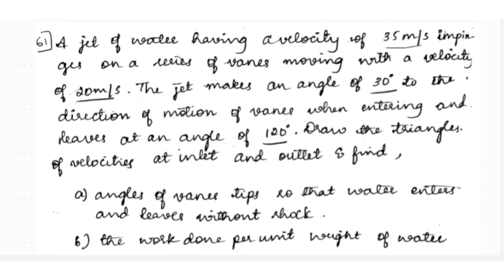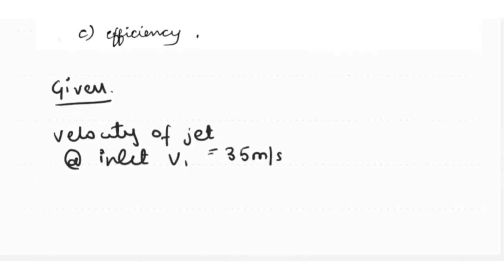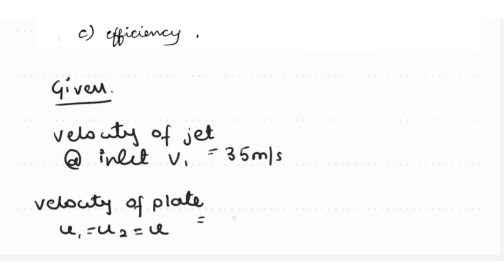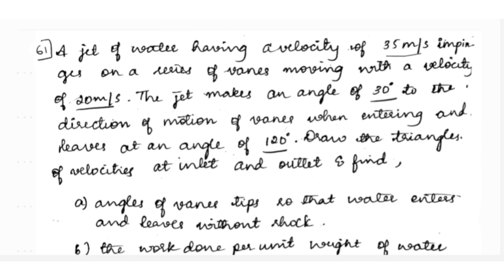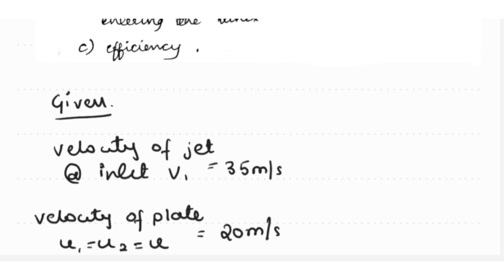Next it is given that it strikes the plate moving at the velocity 20 meter per second. So velocity of plate U1 is equal to U2 is equal to U is equal to 20 meter per second, and it makes an angle of 30 degree to the direction of motion when entering, and it leaves with an angle of 120 degree. So we should draw the velocity triangle. I will draw the velocity triangle here.